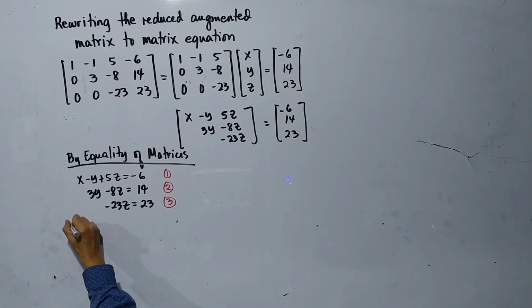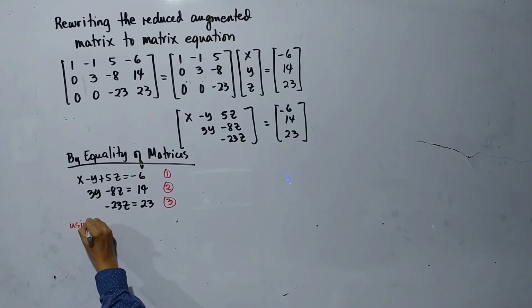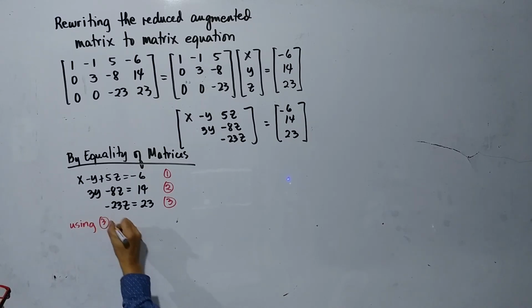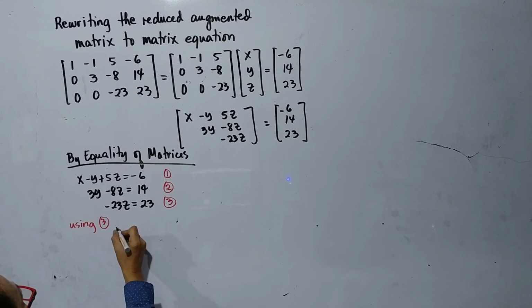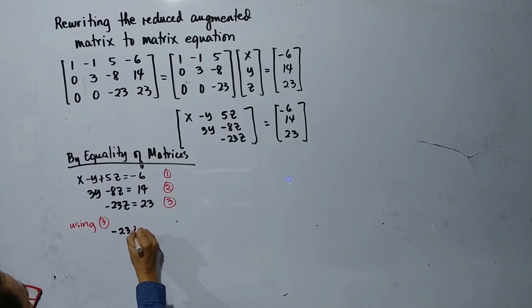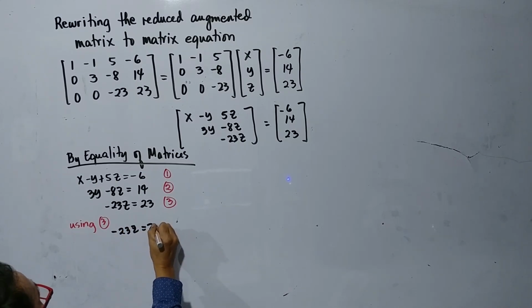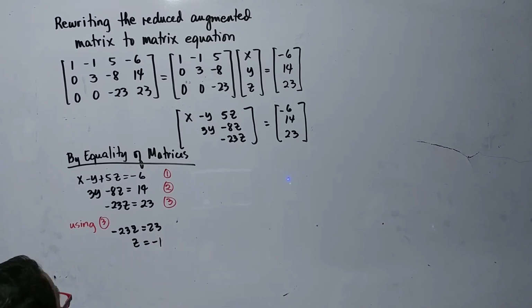Using equation 3, we have negative 23z equals 23, or z equals negative 1.